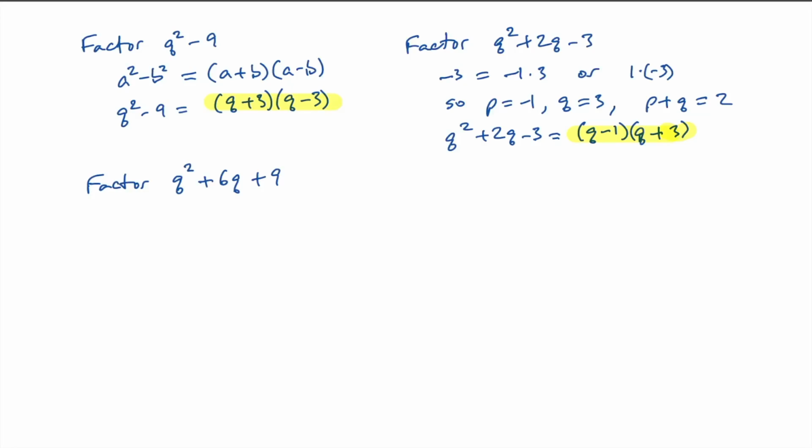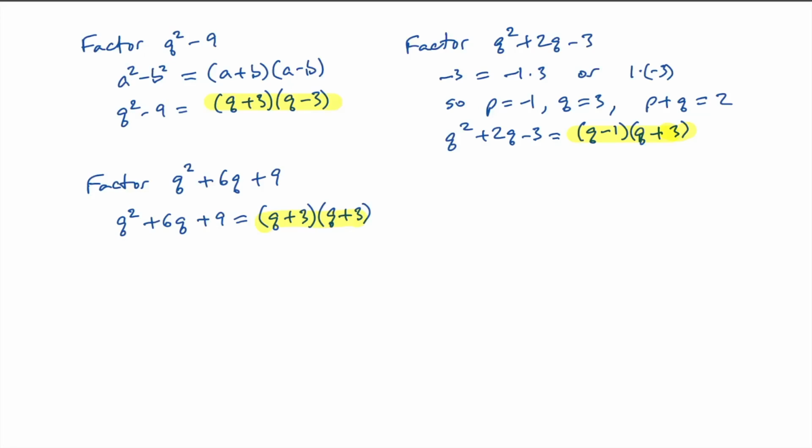So we can try, and this is awful having a q in the problem and using p and q. But let's just write q squared plus 6q plus 9 is going to be q plus 3 times q plus 3. Okay. We can highlight that one.